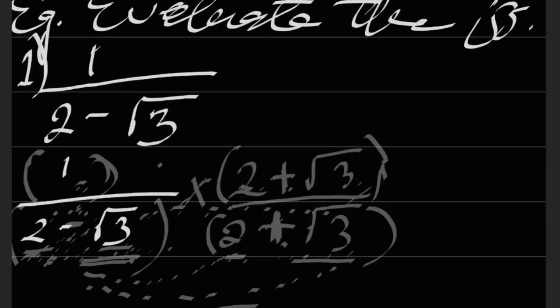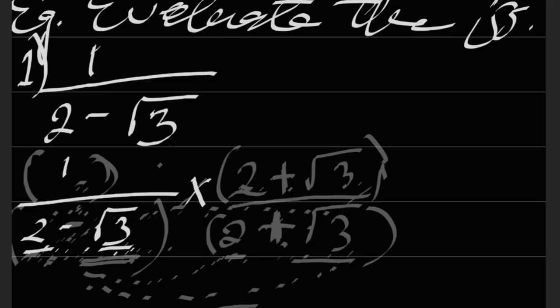What we will do is to multiply the numerator and the denominator by the conjugate of the denominator. Please, you will see what I'm saying now. This is the conjugate of the denominator. In the denominator, we have two numbers.